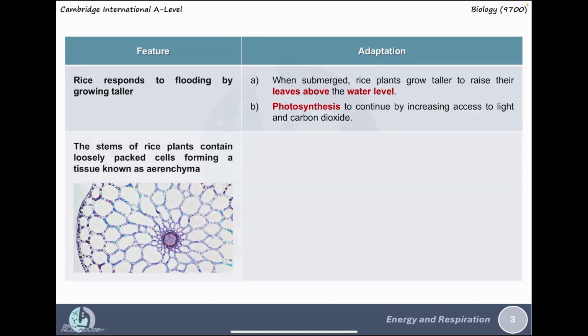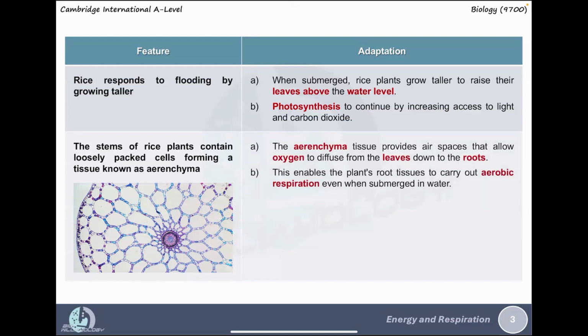The next feature: the stem of the rice plant contains loosely packed cells forming a tissue known as parenchyma. You can see in this diagram that we have a lot of these air spaces. These air spaces form a continuous, uninterrupted channel from the leaf to the root, which allows the diffusion of oxygen from the leaf to the roots, allowing the roots to carry out aerobic respiration.